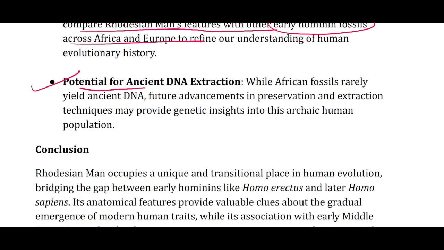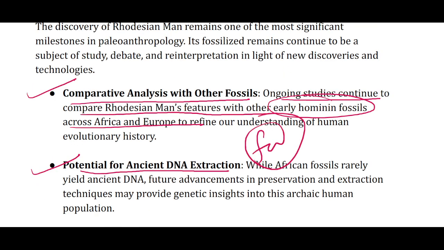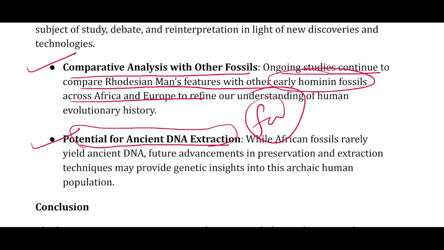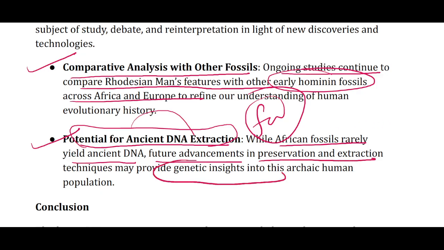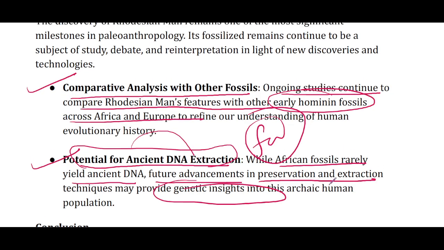And this fossil provides a potential for ancient DNA extraction, because most African fossils rarely yield ancient DNA, but all eyes are on future advancements in preservation and extraction techniques. They may provide genetic insights into this population and those that were found from the African continent.